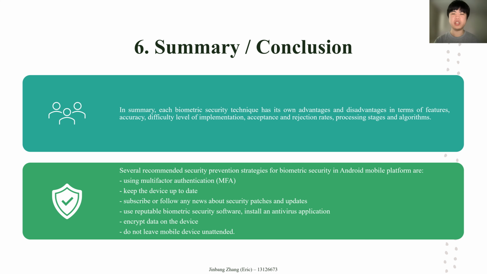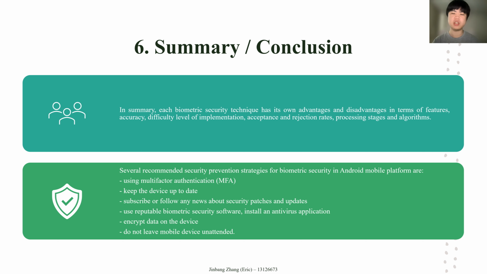In conclusion, each biometric security technique has its own advantages and disadvantages in terms of features, accuracy, difficulty level of implementation, acceptance and rejection rates, as well as the processing stage and algorithms. For instance, while fingerprint is widely used and provides the highest accuracy, it can be vulnerable to attacks like fingerprint spoofing.